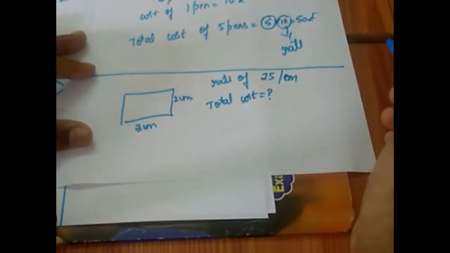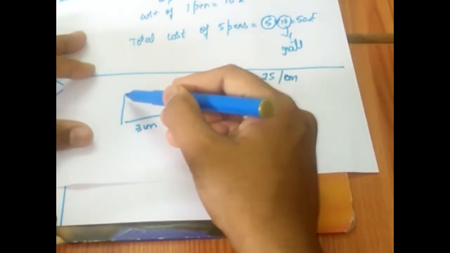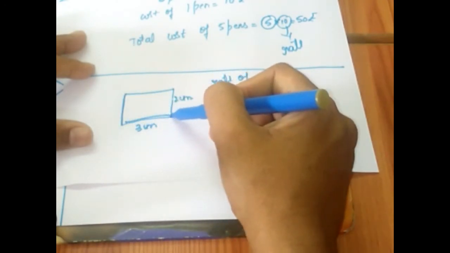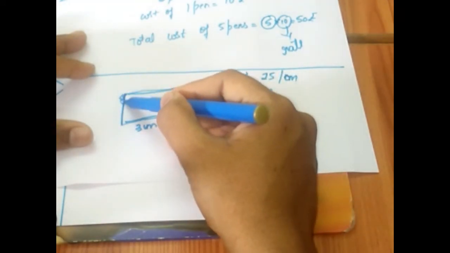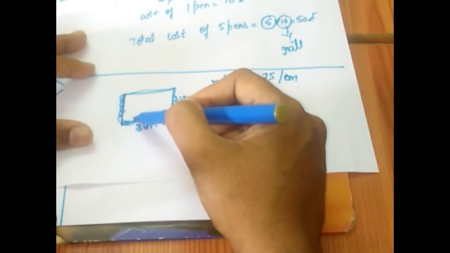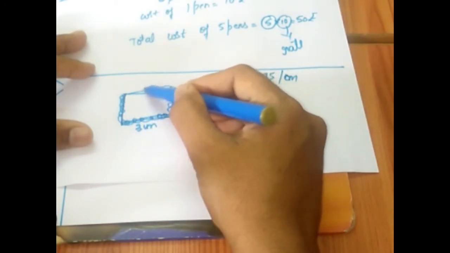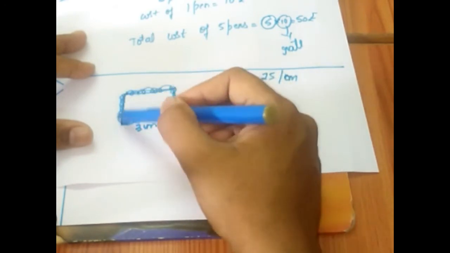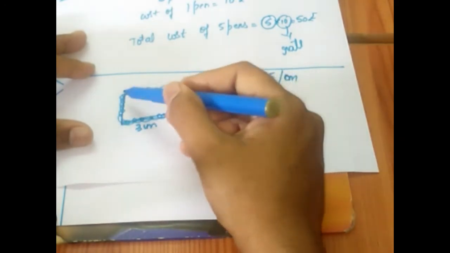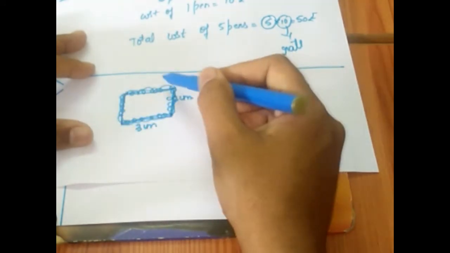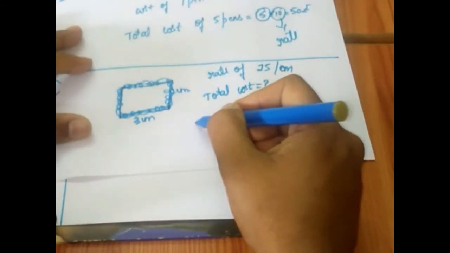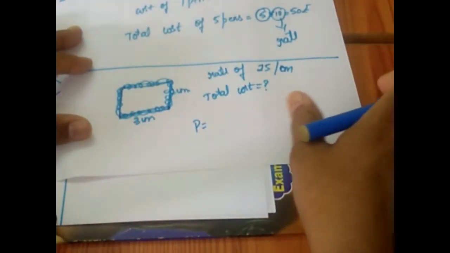What does it mean? Here, fencing. Fencing means what, children? The protection layer which has been given for the boundary of a rectangular region. So when fencing is done, how do I get the measure of this fencing? It is none other than calculating perimeter.